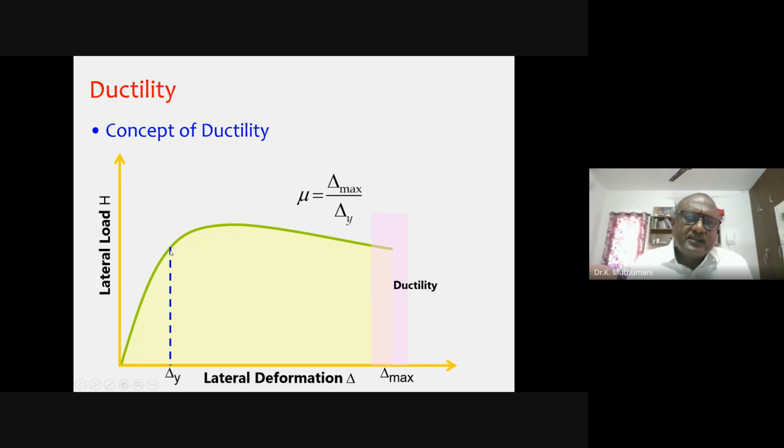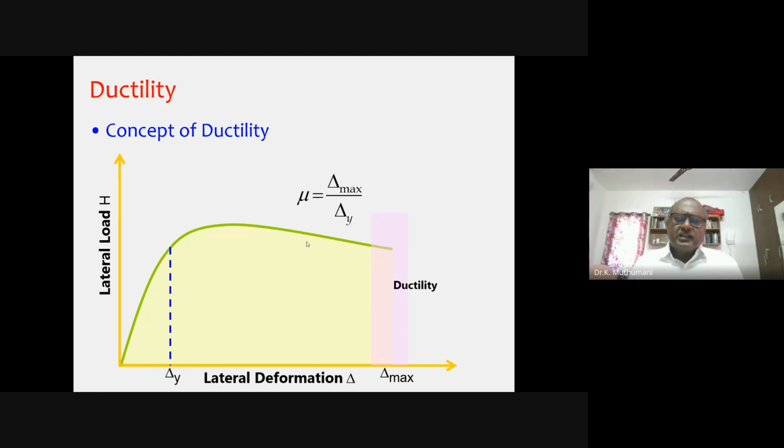Yield is not a serious issue at all. Post yield, every member is going to be nonlinear, and within that nonlinearity the deformation is going to prolong longer and longer. Before failure, we put a line and say that is the maximum allowable deformation, or maximum performing deformation. So ductility is nothing but the maximum deformation divided by the yield deformation. This is a simple understanding.